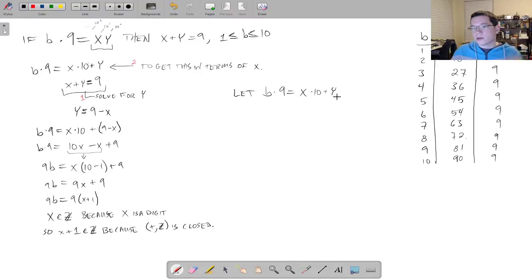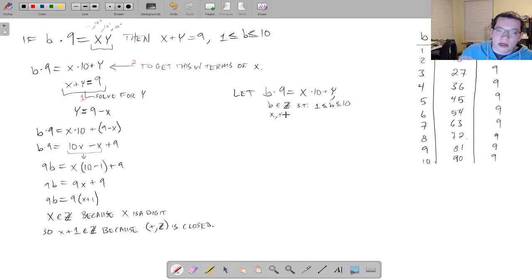This is to state it formally, where b is in the integers such that 1 is less than or equal to b less than or equal to 10.